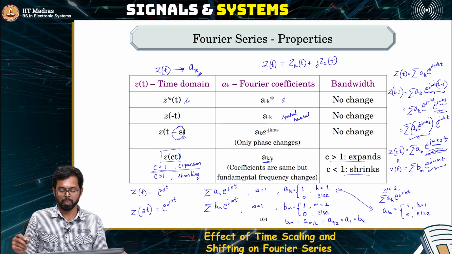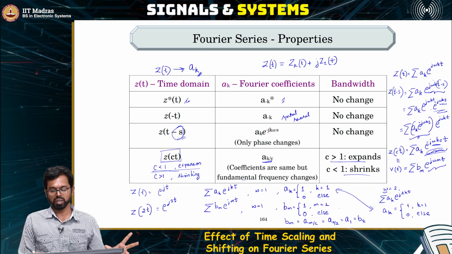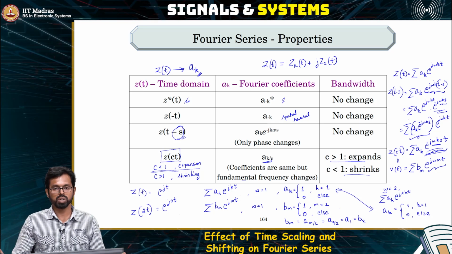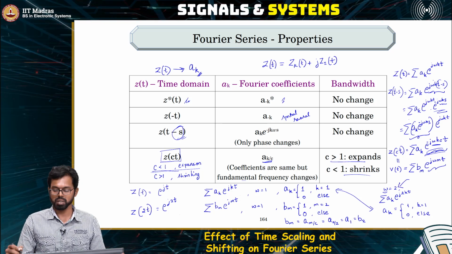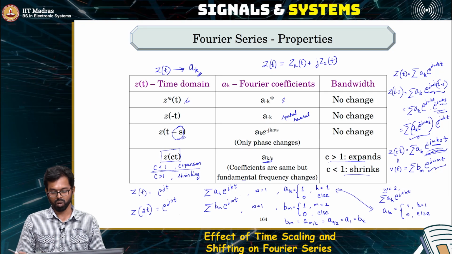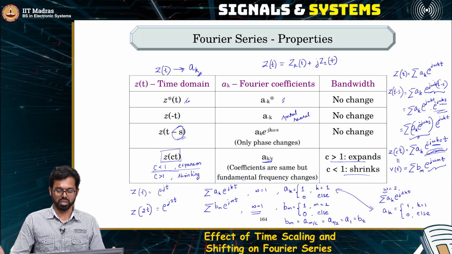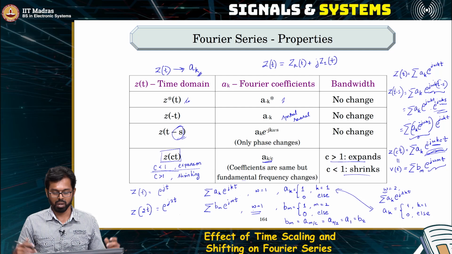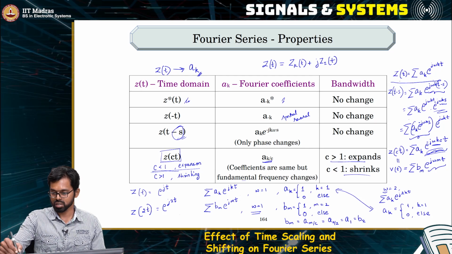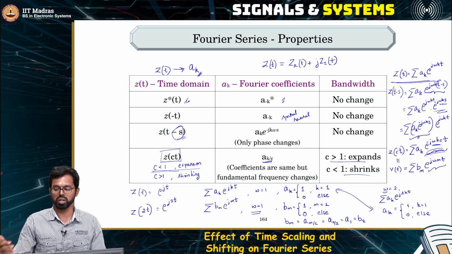So when there is time scaling, you can have two different notions of Fourier series representation, where in one notion you can change the fundamental frequency and say that my Fourier series is exactly the same, or you can retain the fundamental frequency and then change the coefficients. Okay, and both are equivalent. All we have to finally say is what are the phasors that are present, that is, what are the frequencies of the phasors that are present, and what are the corresponding magnitudes.